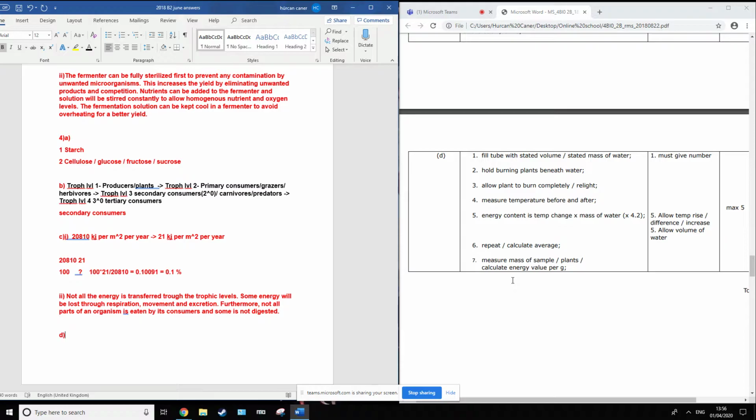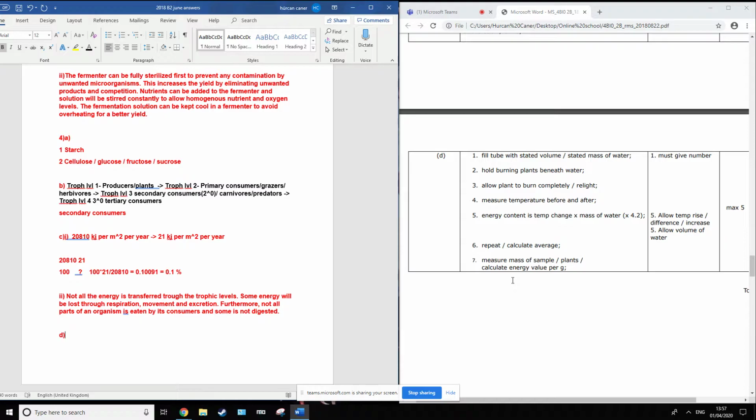Guys, it's on page 61. If you have your books next to you, it's on page 61. So you will put your water inside the test tube. Then you will put your thermometer inside the test tube. And then you're going to mount the plant sample on the needle and put it on the Bunsen burner.